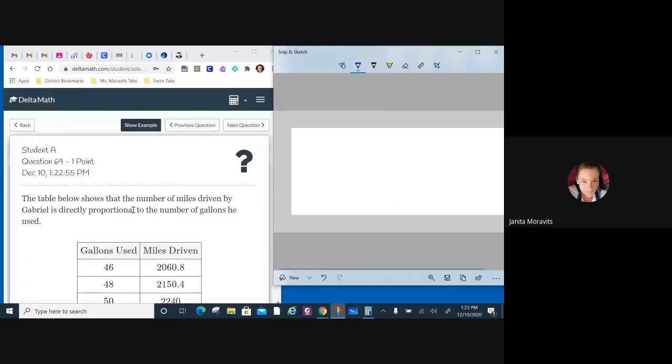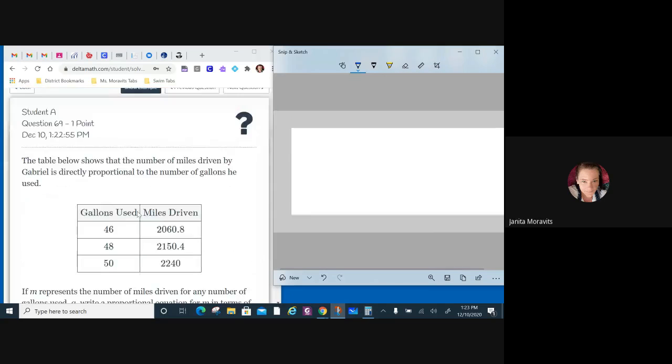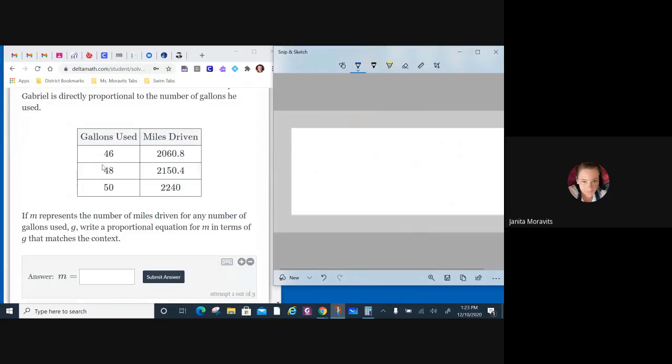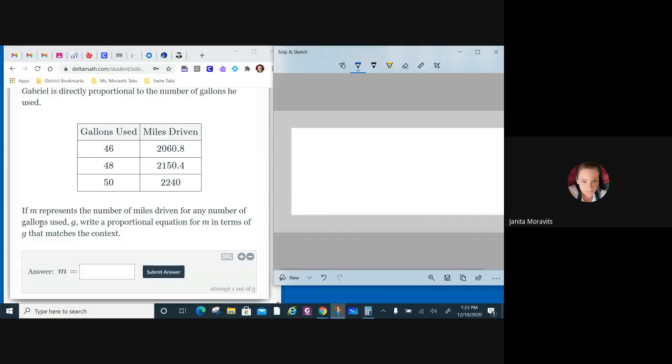All right. The table below shows the number of miles driven is directly proportional to the number of gallons. All right, that he gets the same rate, miles per gallon. He used 46 gallons to drive 2,060 miles.